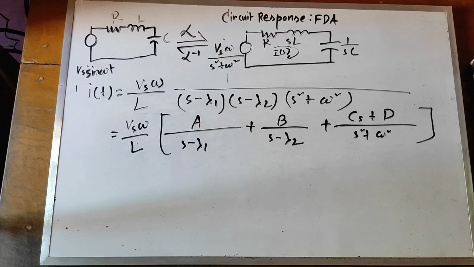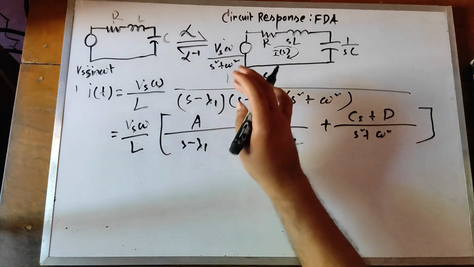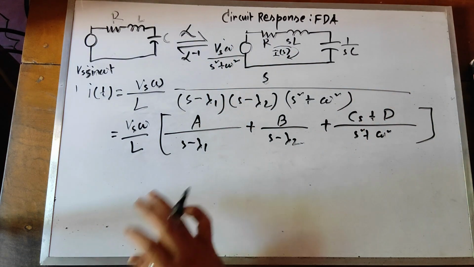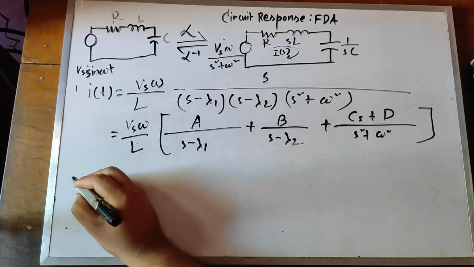Now I have to find the arbitrary constants. In the numerator there is s. So to find A, B, C, D, let's try it.